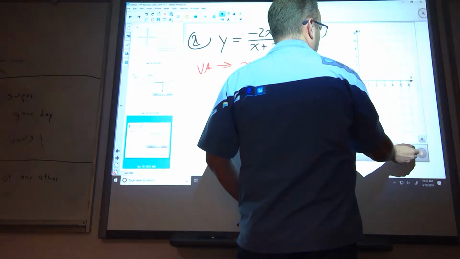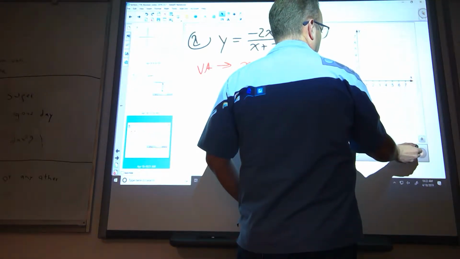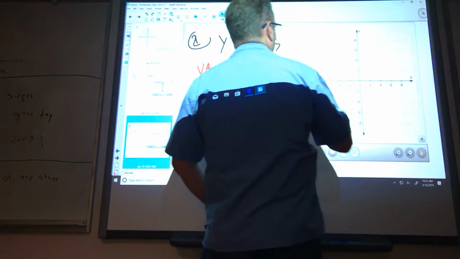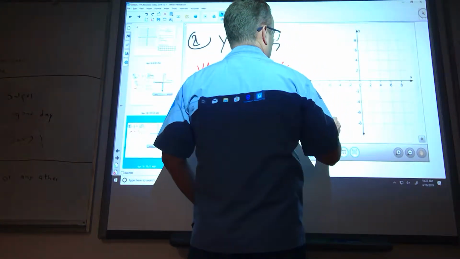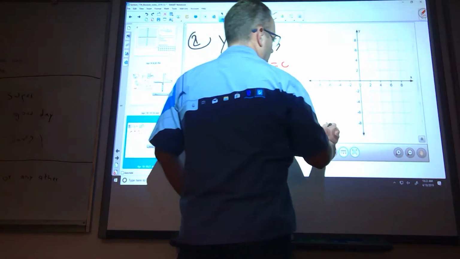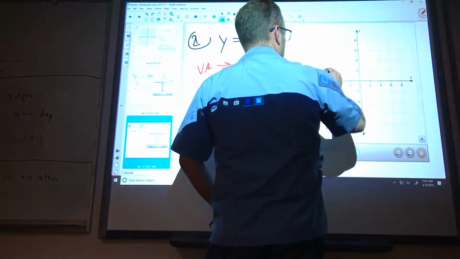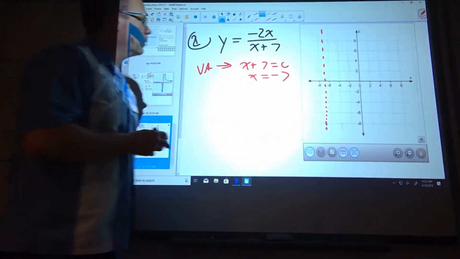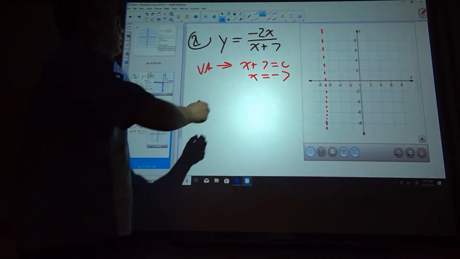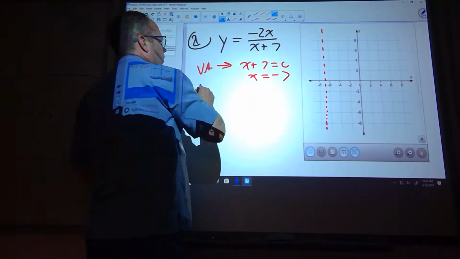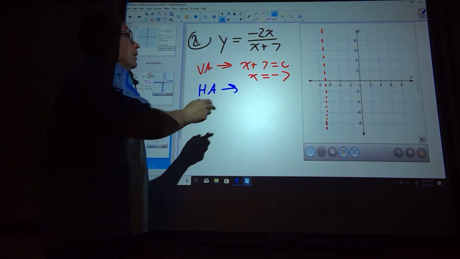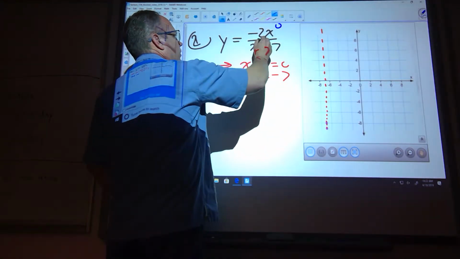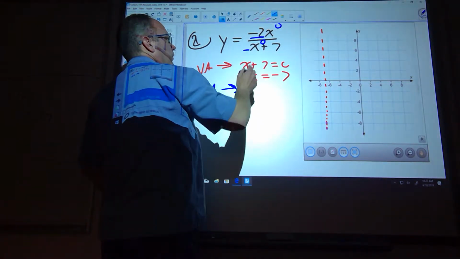Zoom in. Alright. So -7 is like here. Is that okay? And then horizontal asymptote is going to be this degree and this degree are the same, so it'll be lead coefficient over lead coefficient.